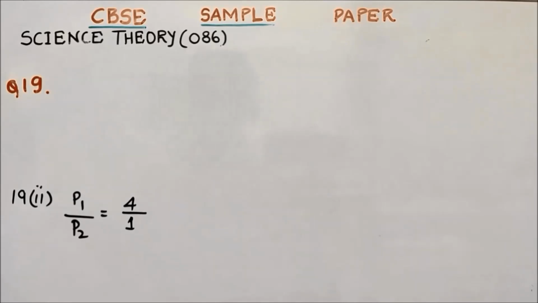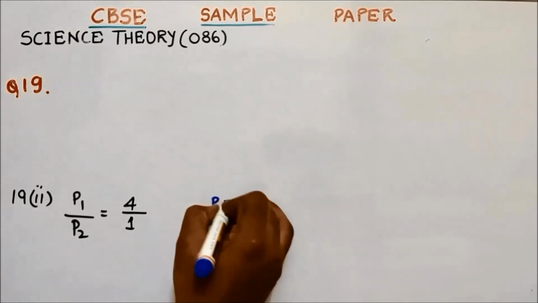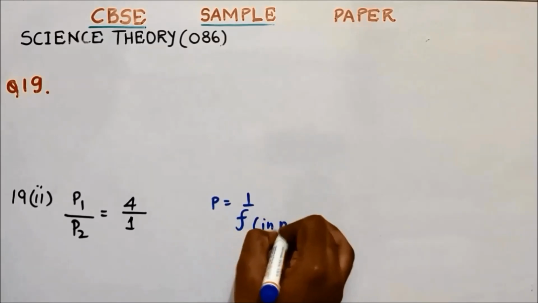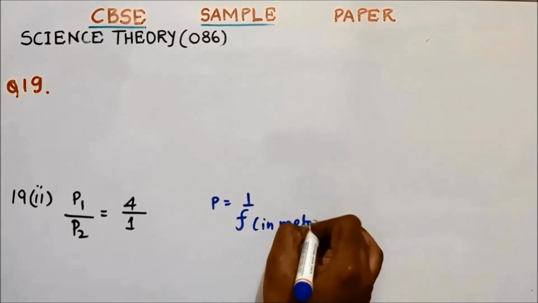What would be the ratio of focal lengths? This is from the lens chapter. The power of the lens is equal to 1 by focal length, and this focal length should be in meters.